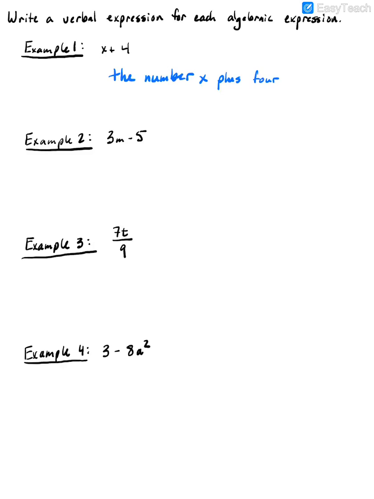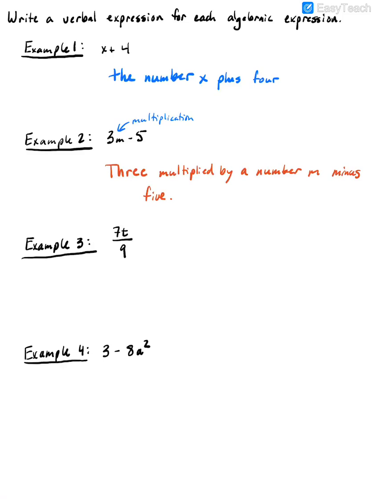Next one. So here I have 3m minus 5. Now 3m is being multiplied to m, so I need some word to represent that multiplication. Okay, so 3 multiplied by a number m minus 5.